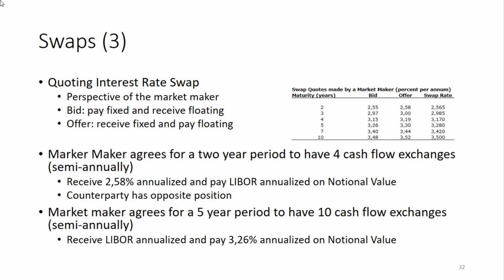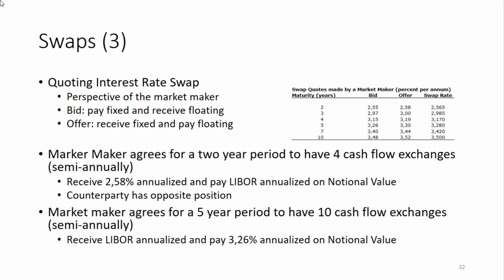Let's first look at how swaps are quoted. On the top right part of the slide, there is an example. Again, the quotes are from the perspective of the market maker, which means that the investor that reaches out to the market maker assumes exactly the opposite position.